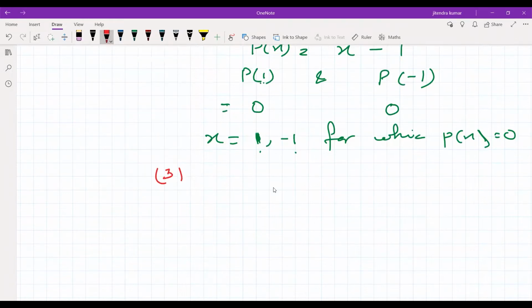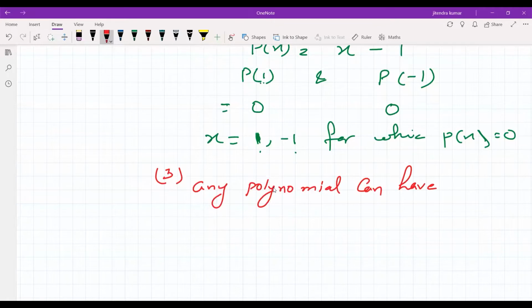Third, any polynomial can have repeated zeros. Repeated zero means, for example, if we have a polynomial like x square minus 2x plus 1.